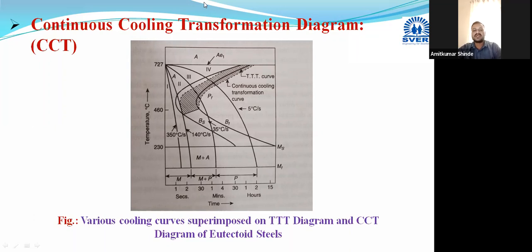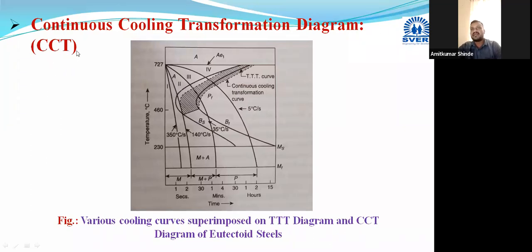Question is there: why does this CCT curve shift towards the right side? Because here we are doing continuous cooling. In the IT diagram or isothermal transformation diagram, suppose I have taken 5 samples and heated them in the austenitic region.